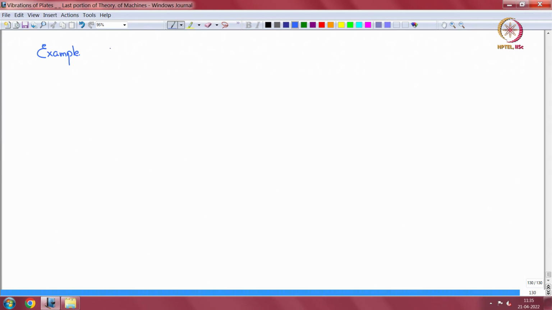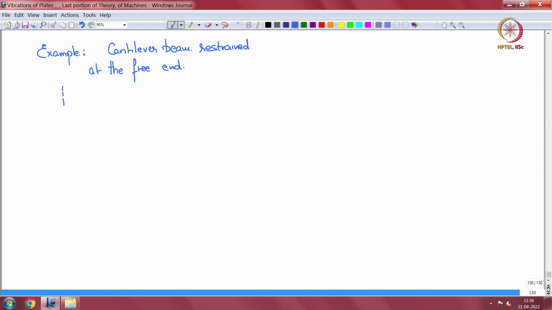Taking an example of a cantilever beam, but now restrained at the free end. So now what is it?